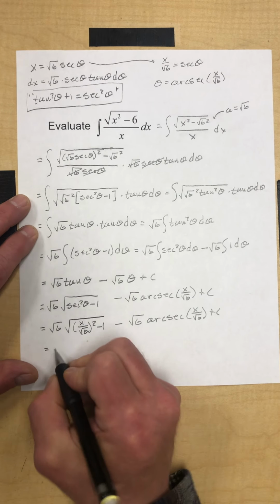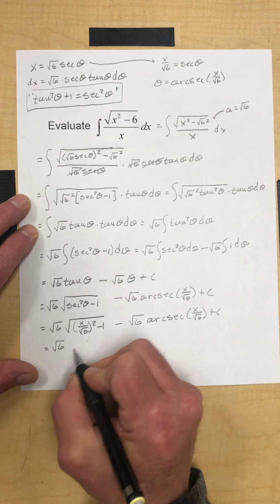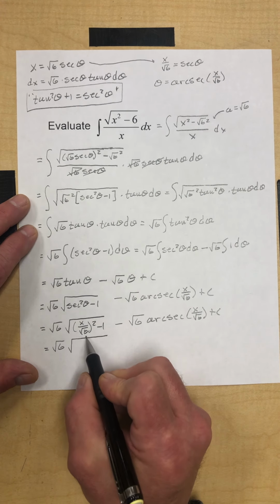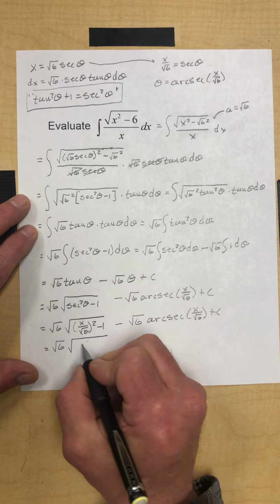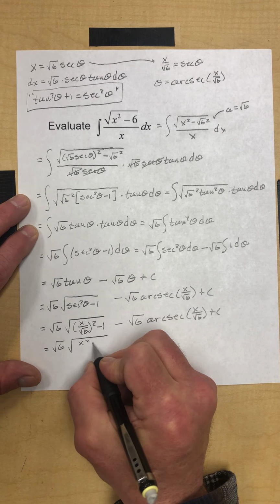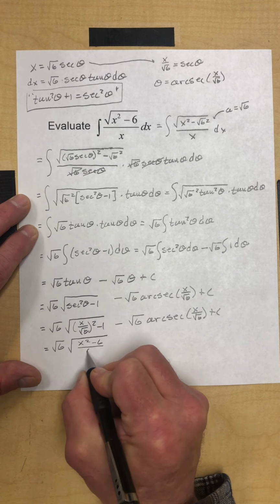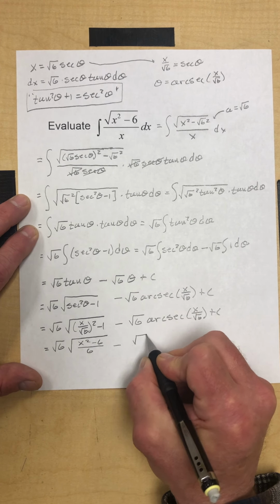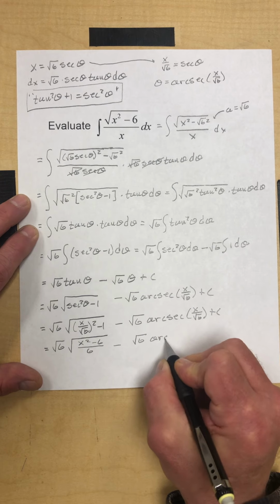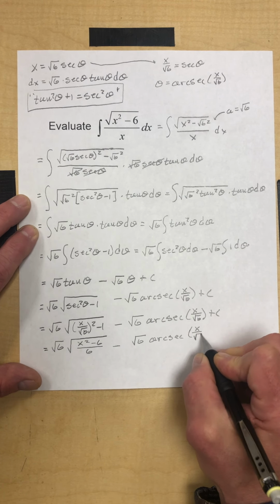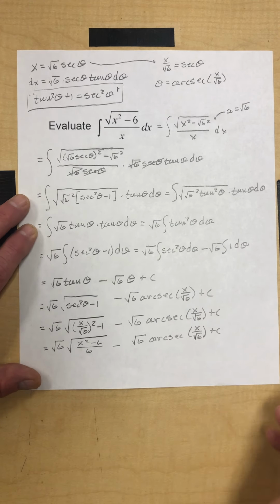Radical 6, let's see, this guy right here. Well, that would give me x squared over 6, and this would be 6 over 6. So that gives me x squared minus 6 all over 6, and that's the entire radicand, minus radical 6 arc secant of x over radical 6 plus c.